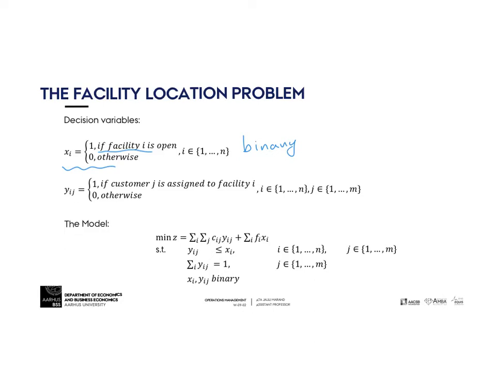So you have n potential locations. y_ij is also a binary variable, equals 1 if customer j is assigned to facility i. So we have a model to minimize the total cost. This is, for example, the transportation cost. This is the operating or fixed cost.